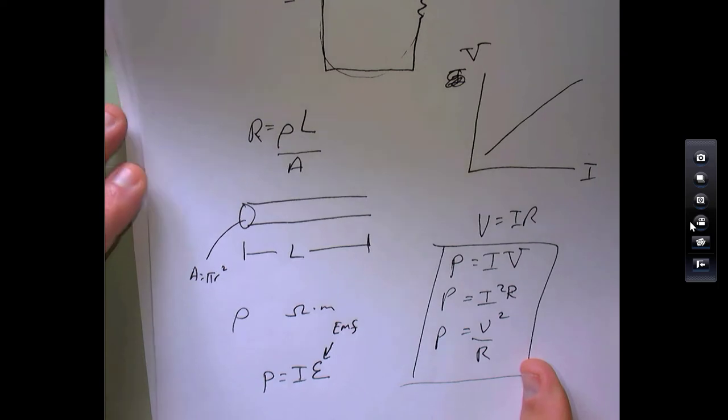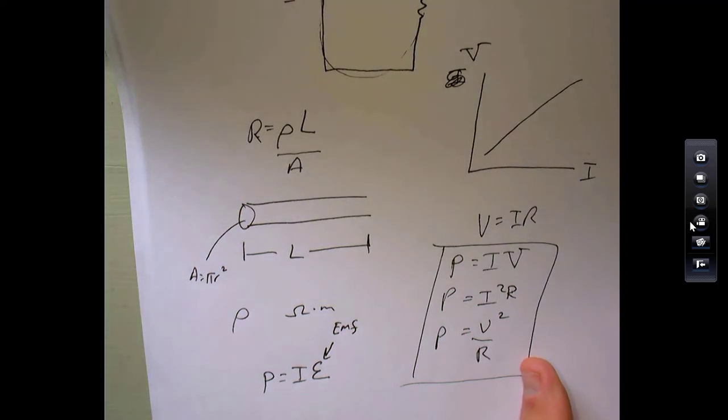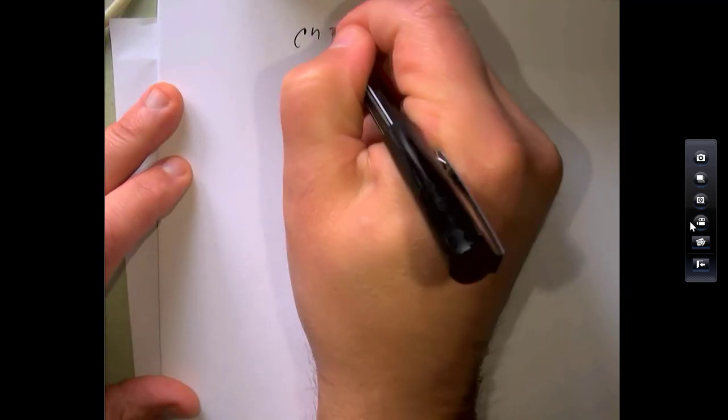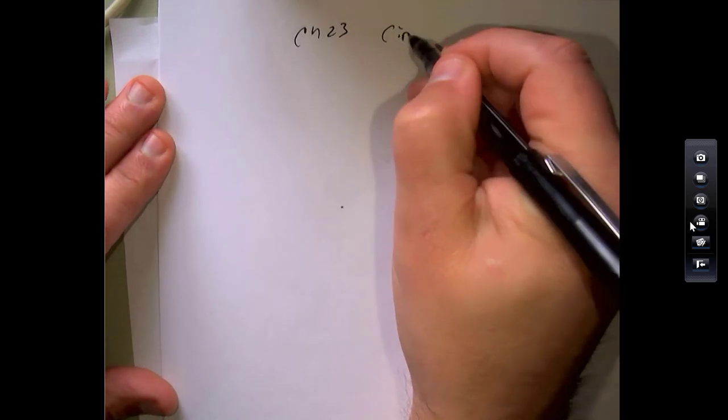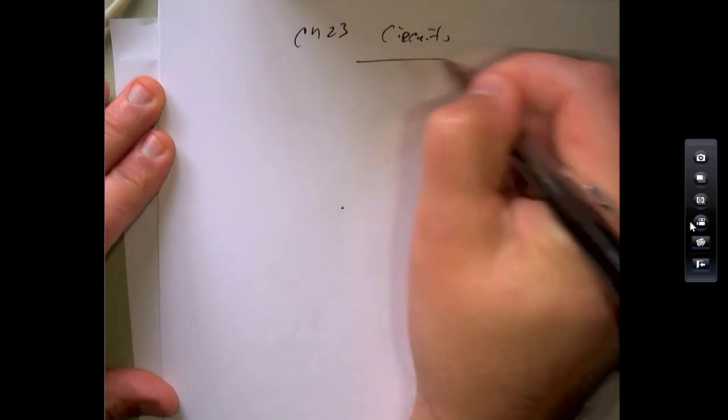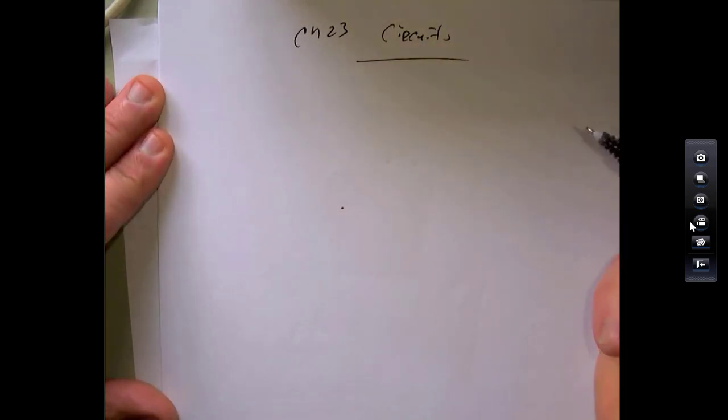Okay, good. The next chapter, chapter 23, just called circuits, we looked at circuits in more detail. First we had the junction rule. These are different rules to help us solve circuit problems.